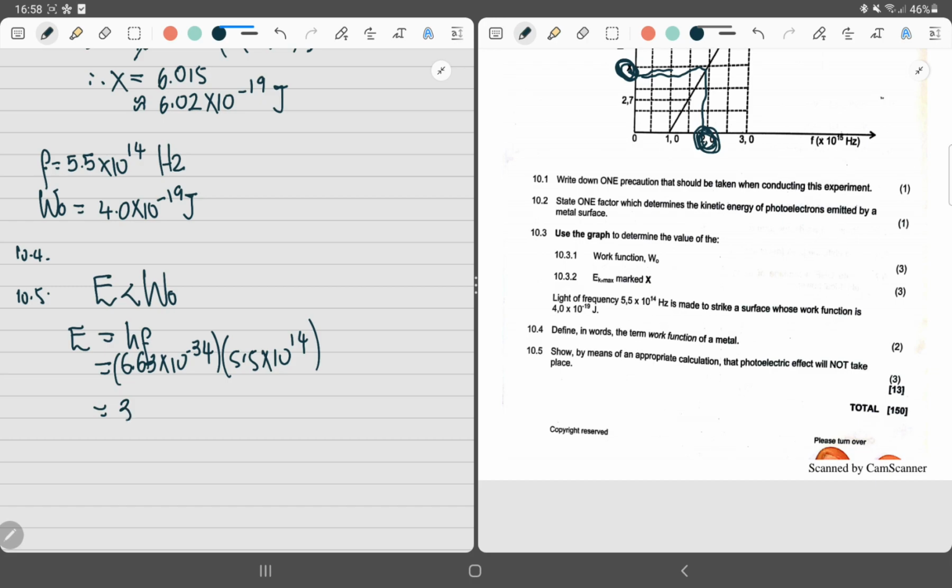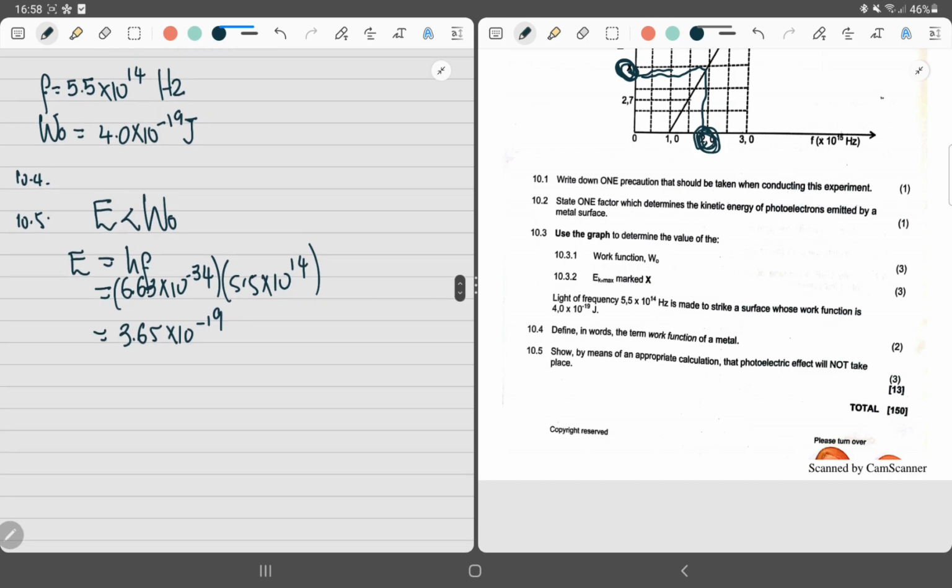So 6.63 times 10 to the negative 34 times 5.5 times 10 to the exponent of 14. I'm getting 3.65 times 10 to the negative 19. Notice how the energy that we have calculated here is less than the work function. So this energy is less than the work function, so no photoelectric effect.